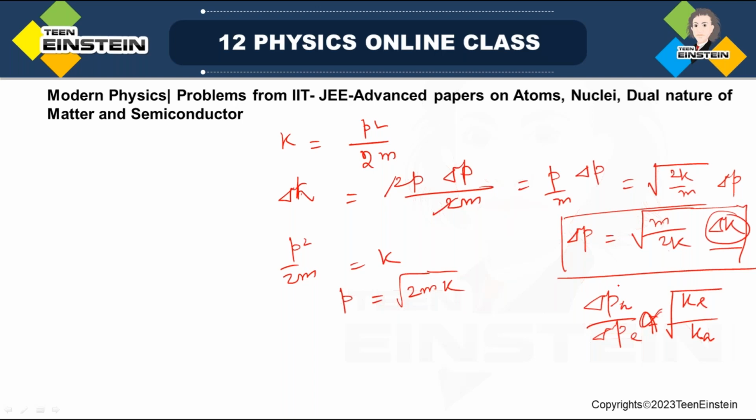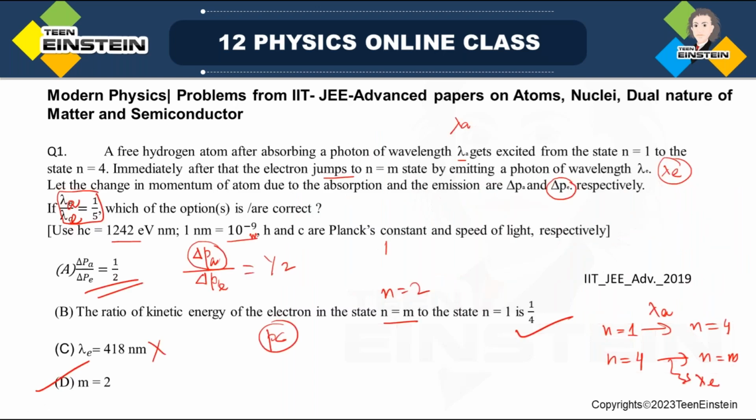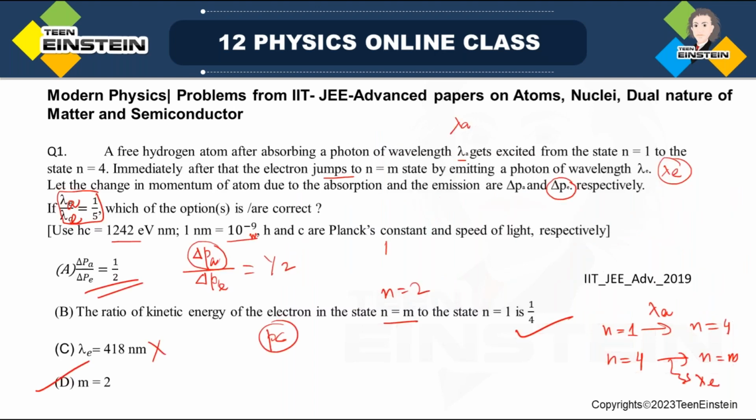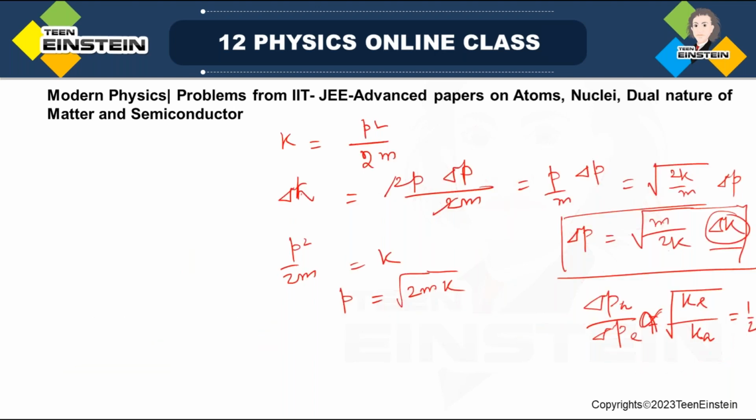We have got the ratio K emission by K alpha. We had got the ratio 1 over 4, so 1 over 2. It is 1 over 2, but this part is also there.